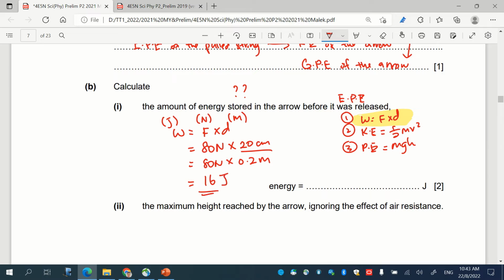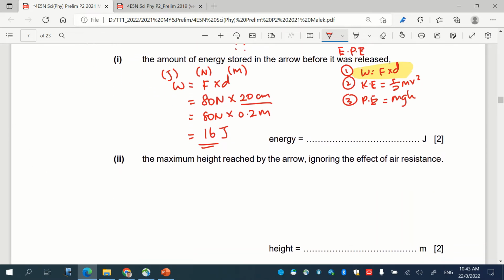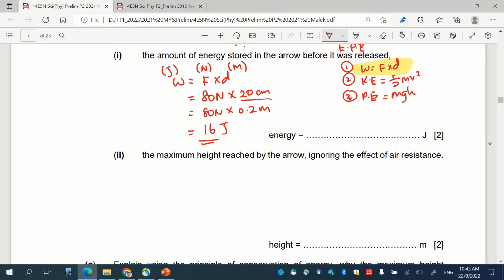Okay. Then sometimes the question will ask, with this amount of energy now, what kind of maximum height will you reach? The maximum height. So there's only one formula with height that you can use in this chapter. Okay, potential energy. So now you see potential energy equals mgh, and the h is the one that you want to find.